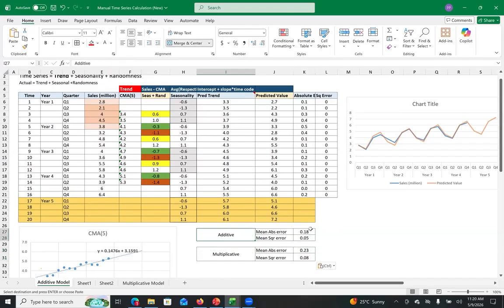We realized that if I assume the time series is additive, it gives us lower error compared to when I assume it is multiplicative. So if I was doing this on my job, I would have taken the assumption of the time series being additive and gone forward with it, because that is giving me the least error.